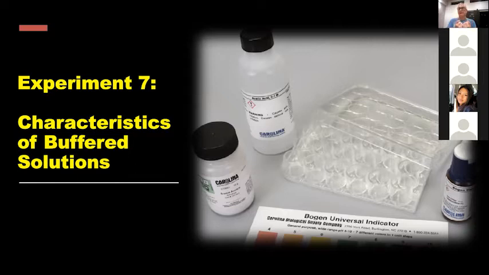If we add sodium hydroxide to just water, the pH will rocket up very, very quickly. But if we have a weak acid and a conjugate base in there, if we add either acid or base, the pH doesn't really change that much. It'll change a little bit, but it really won't change that much. And so we're going to learn why that is and how to make a buffered solution.